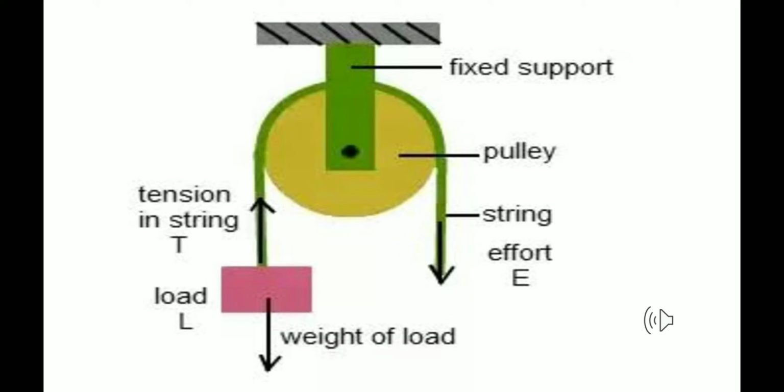So when you are pulling something down, or holding or stretching something, there is a tension maintained in the string, and here we will show the tension by capital T. So tension in the string maintained is known as T over here. Now you can see the yellow part is the pulley. Then there is a string and effort E is being applied to pull the load above. Okay, so we move further.